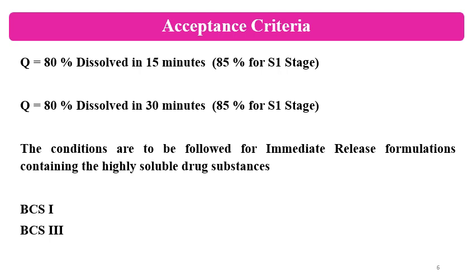If you consider 80% Q, then 85% will become the S1 stage criteria. These conditions are to be followed for immediate release formulations containing highly soluble drug substances, or APIs belonging to BCS class 1 or 3.